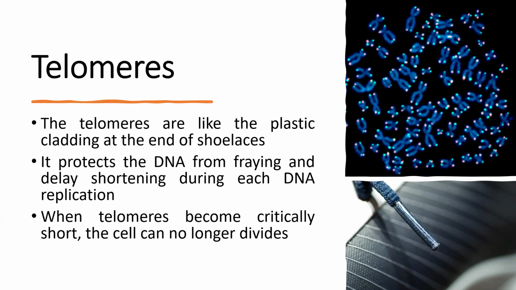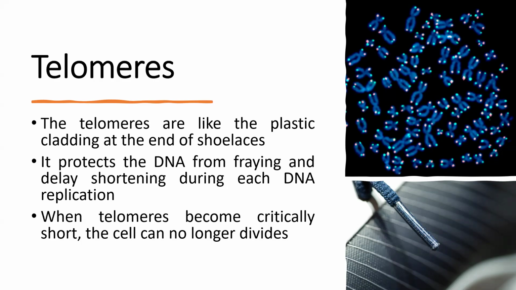So that's what happens. Our cells will divide, and every time it divides, every time it copies its DNA, you will lose a little bit of telomeres on both ends. And if you lose enough telomeres, if your cells have gone through enough cell divisions, the telomeres will become critically short.